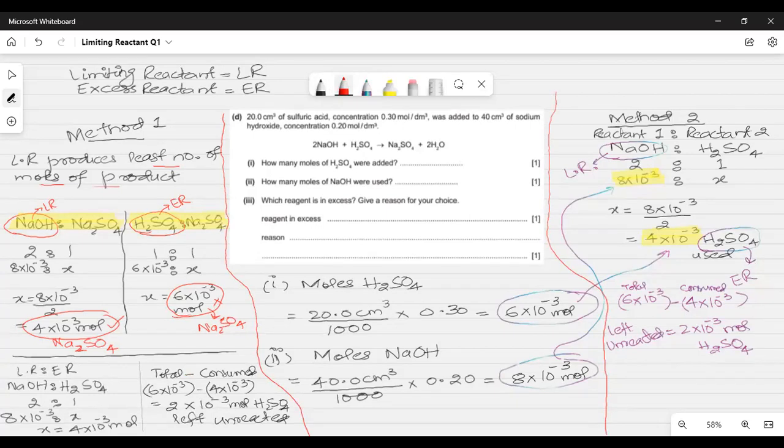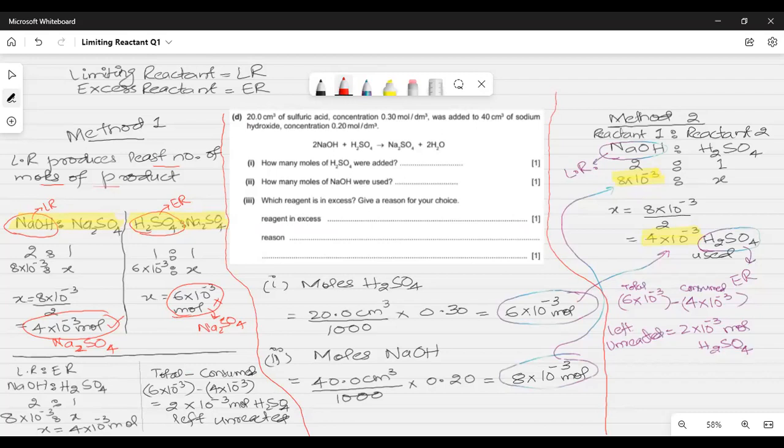So for the students, for the starters, I always recommend method one. Method one is pretty simple and straightforward. First reactant with the product, second reactant's ratio with the product. Whichever gives you a lower answer is the limiting reactant, whichever gives you a higher answer is the excess reactant.